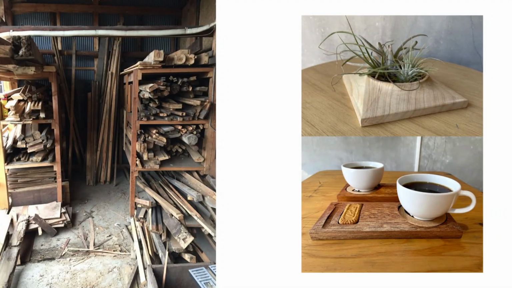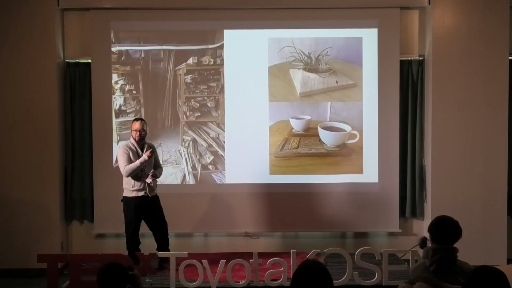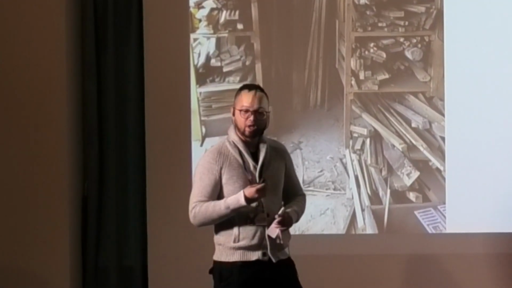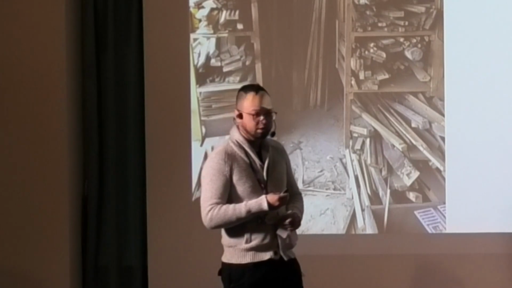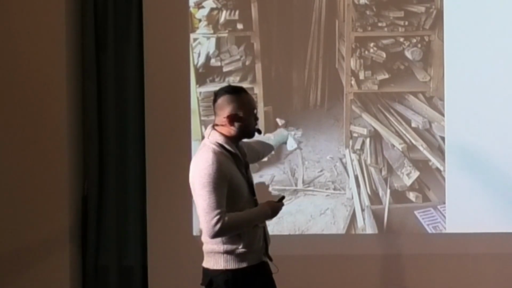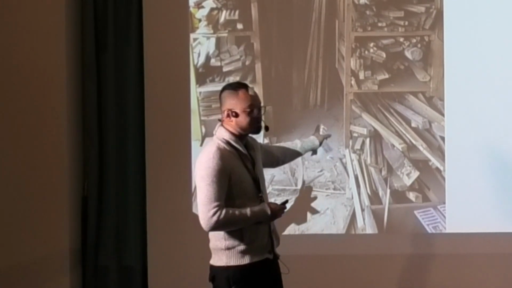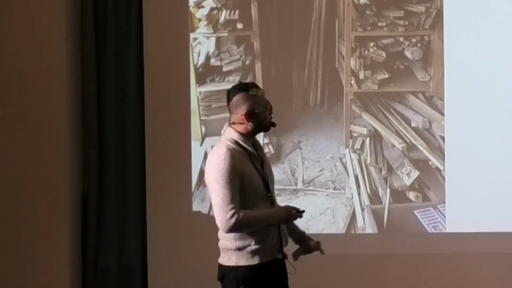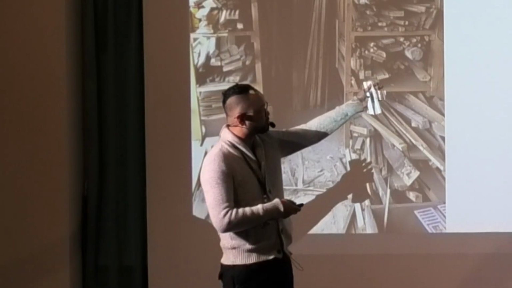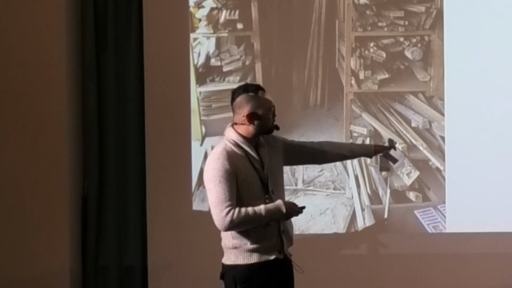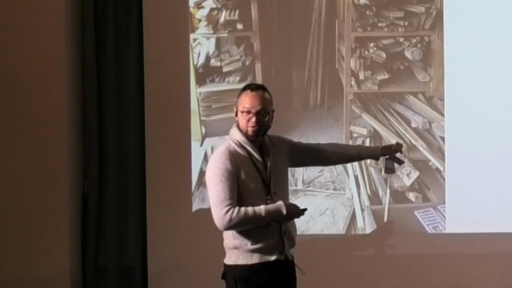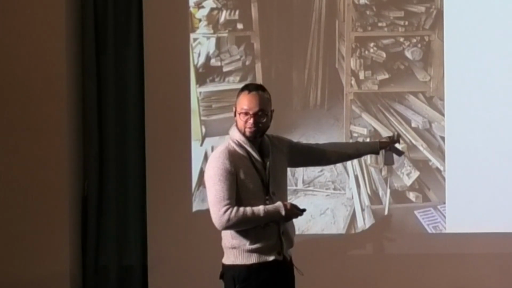But for me, I always had sustainability in my background since my education. So when I renovated my house, I took all the wood. I kept most of what I could, and I turned some of it into a planter, some of it into a tray. The tray was made from a staircase inside my house.